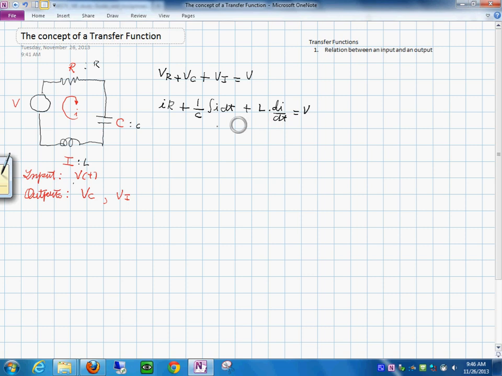Yeah. So this is basically our system equation. But in here, this is in a funny way, because it has the integral here, it has derivative over here. We don't want it in that form. Let's consider that I is like dq dt, where q is in this particular case the charge, yeah?